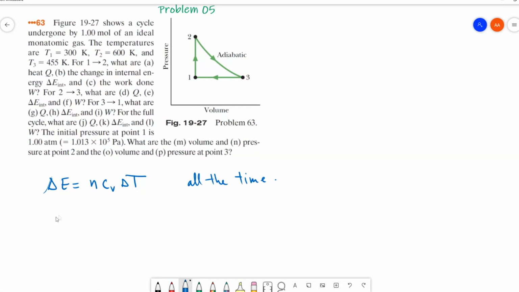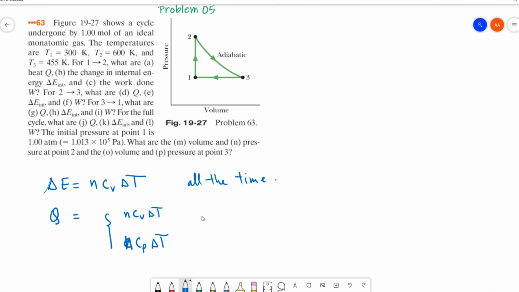Great. Now Q. We can find two relations: N CV delta T and N CP delta T. Where can we use this one?